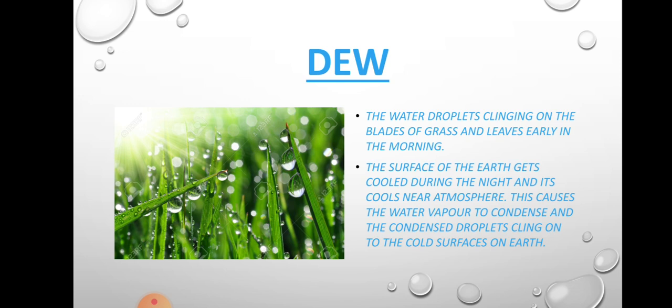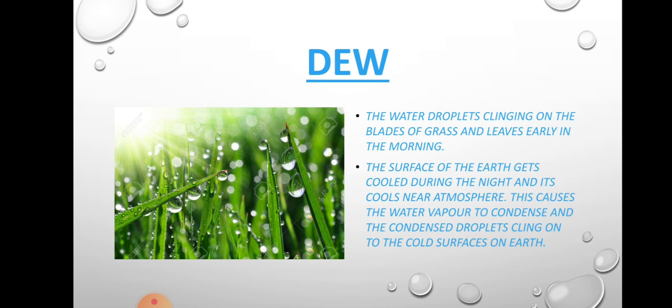So what is dew? The water droplets clinging on the blade of grass or leaves early in the morning, the tiny droplets of water on the tip of the leaves, is known as dew or dew drops.